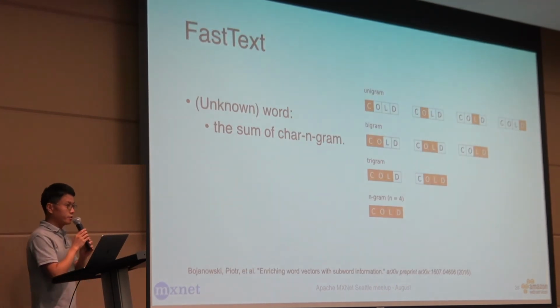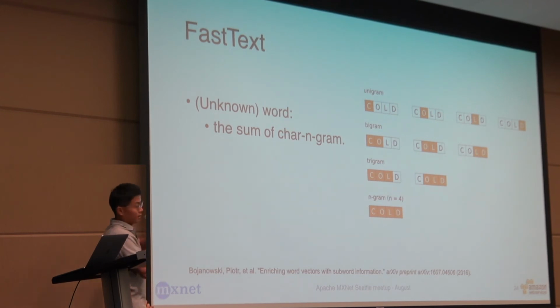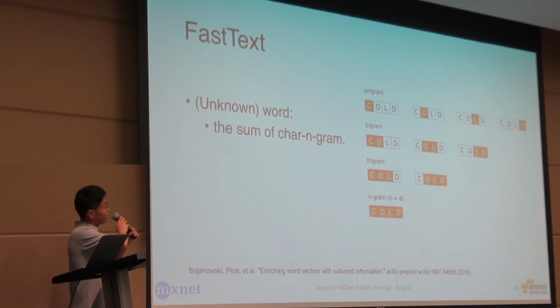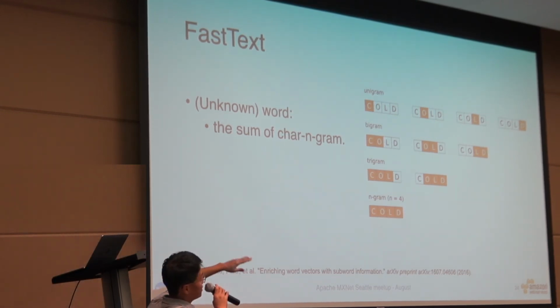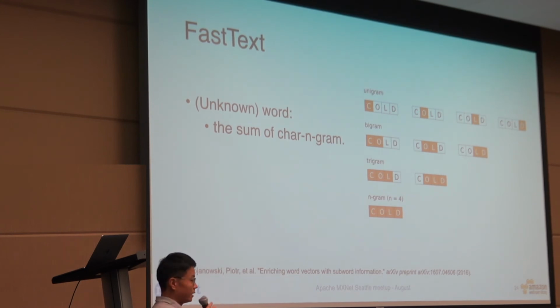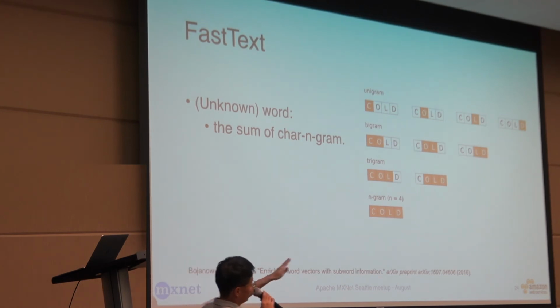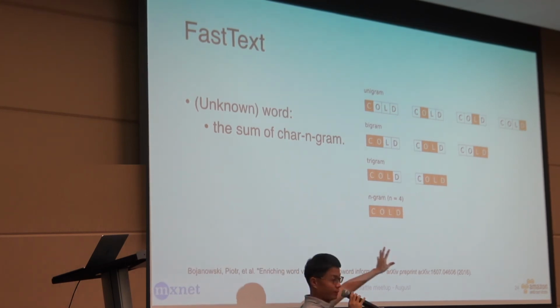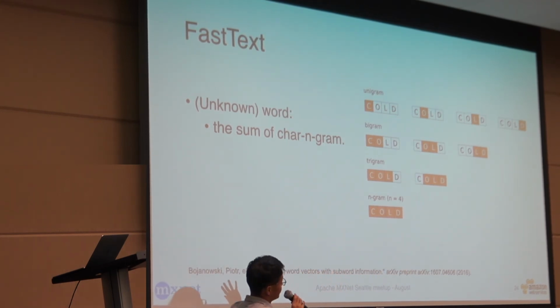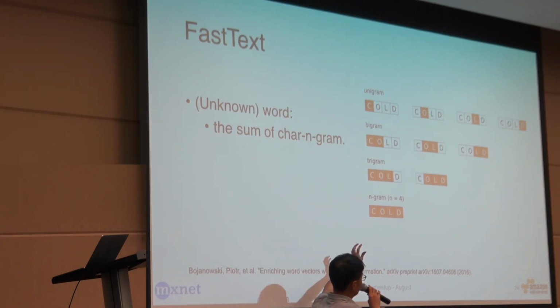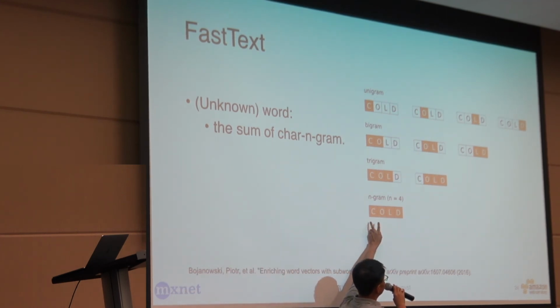And fastText is basically handling the unknown word. I want to let you know that if some word you didn't see in your vocabulary shows up in your online application, for example, recommendation or something, and you still want to generate a meaningful representation for the word, something you can do is leverage fastText, because it generates a representation for each character.